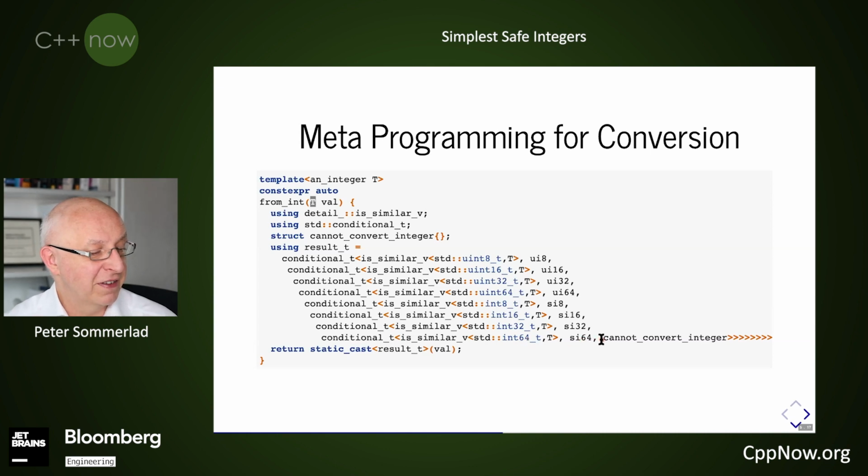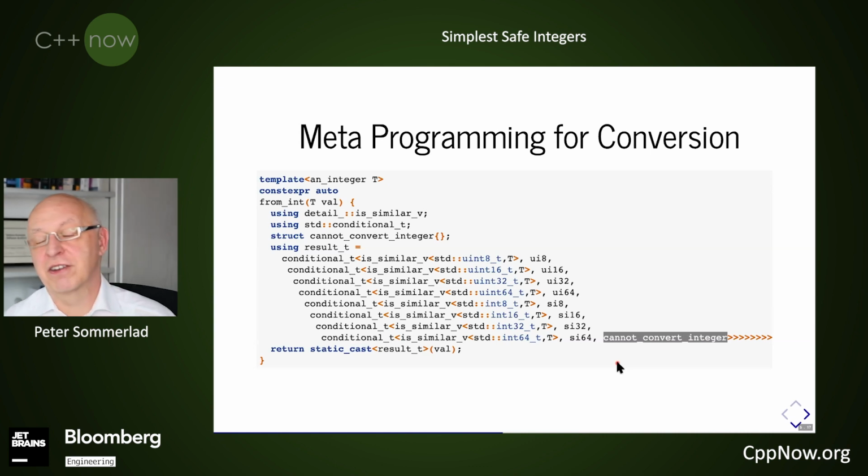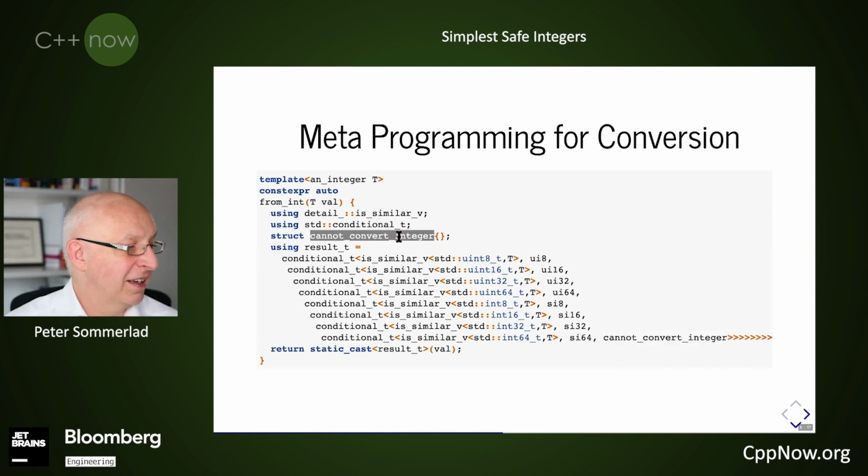And because of the syntax, we cannot have conditional_t without a final else, so we have to provide a type here. We could have used void, but I have chosen to use a specific type that is just defined locally, and I'm using that to get better error messages instead of a strange one.